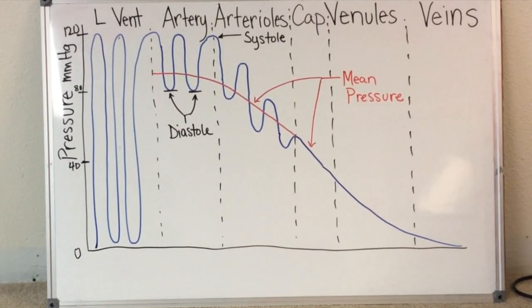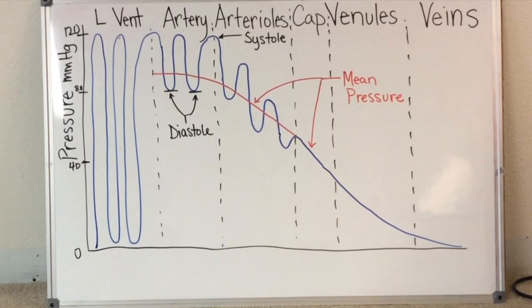Another important factor to consider when looking at the capillaries is the alternation of pressure generated by the heart. As you can see in the left ventricle, pressure fluctuates quickly between 120 millimeters of mercury to 0 millimeters of mercury as the heart alternates between contraction and relaxation.